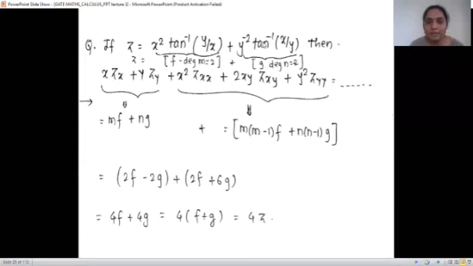What is the degree here? 1, 1, inner part. It is a transcendental function, so the inner part is 1 minus 1, 0. The degree of the inner part is 0, that's why it is homogeneous. The power is minus 2 and the inner degree is 0, so the degree is minus 2.